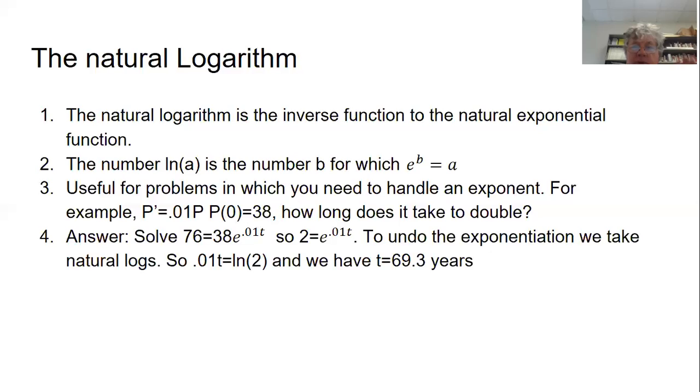So the first thing we do is we divide by 38. And so we get 2 equals e to the 0.01t. And then we have to undo that exponentiation, so we take logs. So we get 0.01t equals ln of 2. So t equals ln of 2 divided by 0.01, which is 69.3 years.